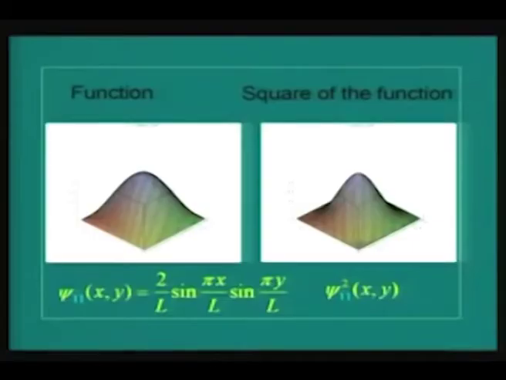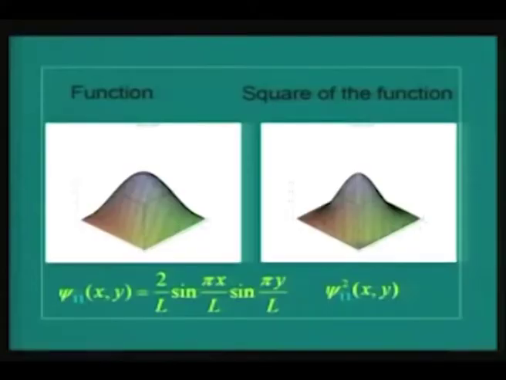It is going to be a much more complicated plot if we discuss the motion in three dimensions, like in the case of the hydrogen atom, which is where we are going to go soon. If we take the square of the wave function, which you know represents the probability density, the square of the wave function in a small region gives you the probability of finding the system in that region.